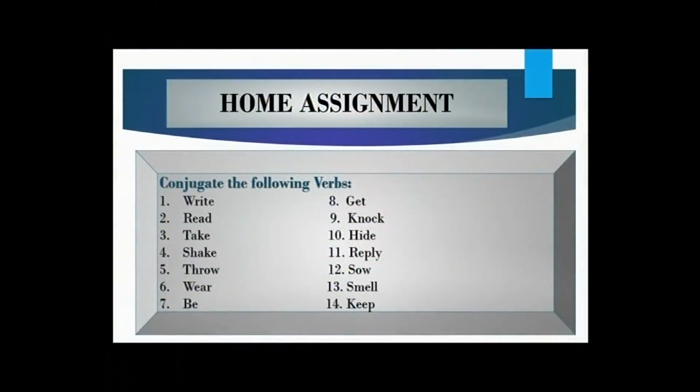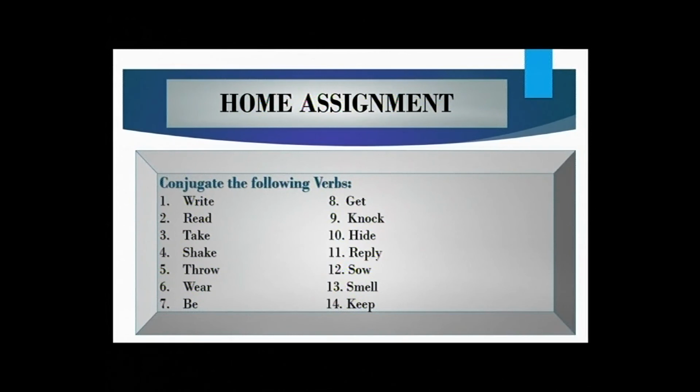Now, home assignment. Conjugate the following verbs. First, write. Second, read. Third, take. Fourth, shake. Fifth, throw. Sixth, wear. Seventh, be.